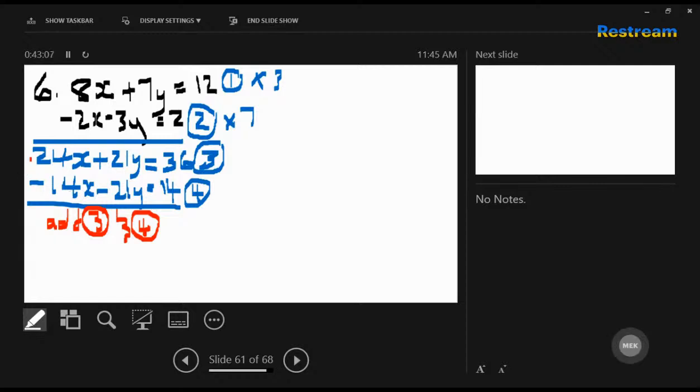When we add them, 24x plus negative 14x gives 10x. 21y plus negative 21y gives 0, so that's eliminated. And 36 plus 14 gives 50. Therefore, if 10x is 50, x is equal to 50 divided by 10. So x is equal to 5.